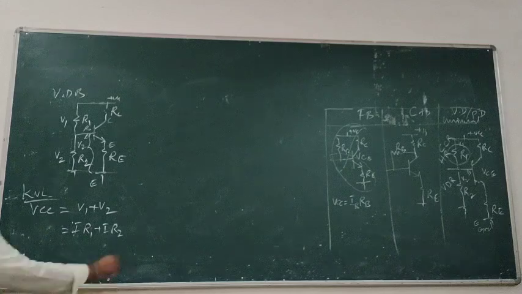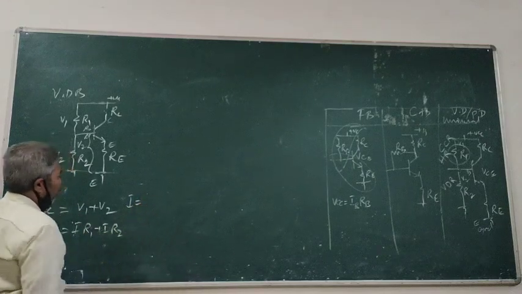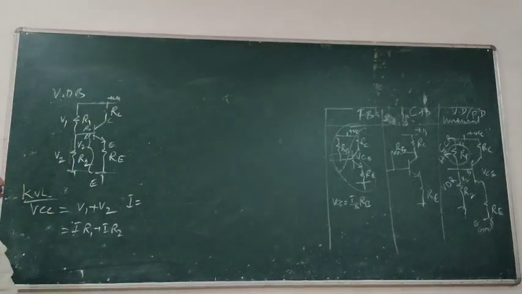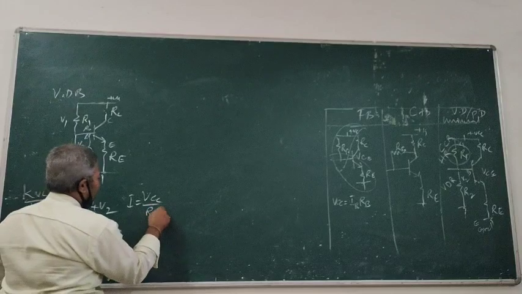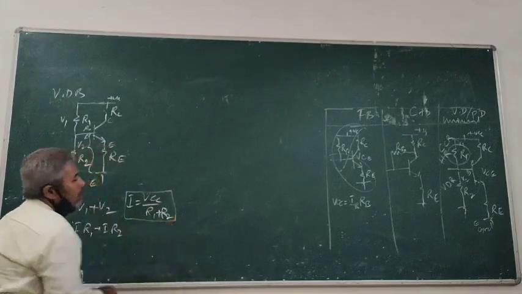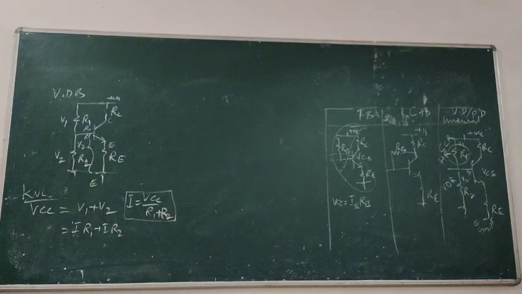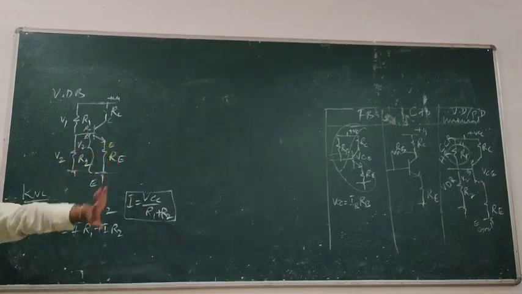Then what is I? I is equal to VCC divided by R1 plus R2. So this is the main current. It does not have a branch current. It is the main current coming from the supply to the ground and through the whole circuit.